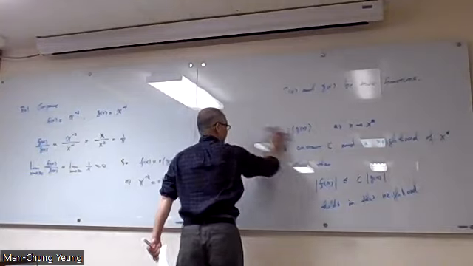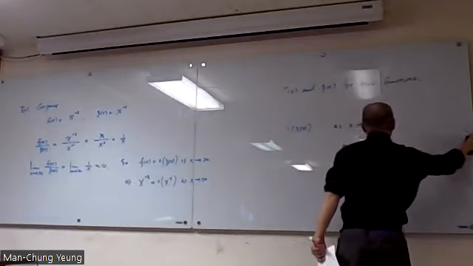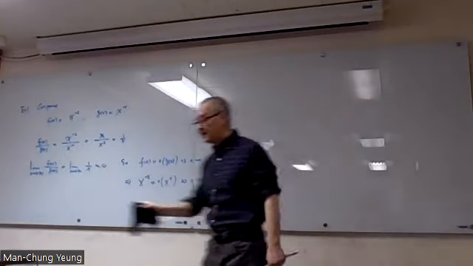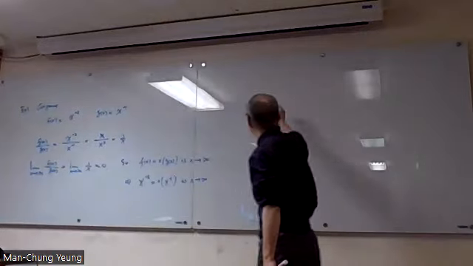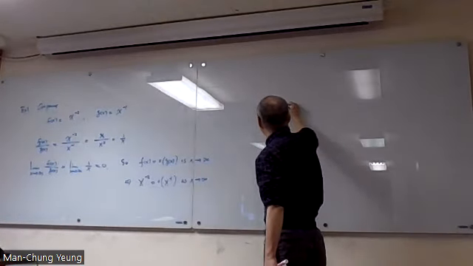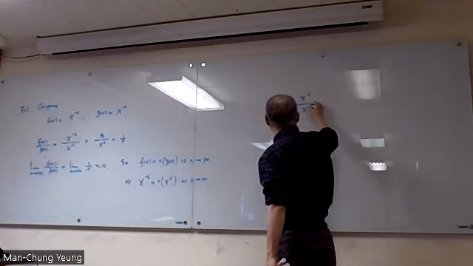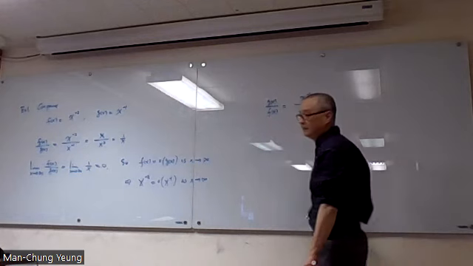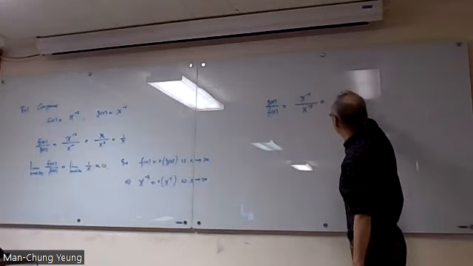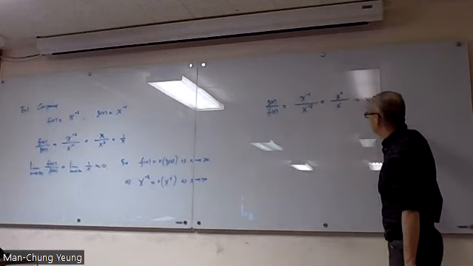On the other hand, let's consider g over f. g over f is x to the -1 over x to the -2. Moving x to the -2 to the top and x to the -1 to the bottom, I get x.